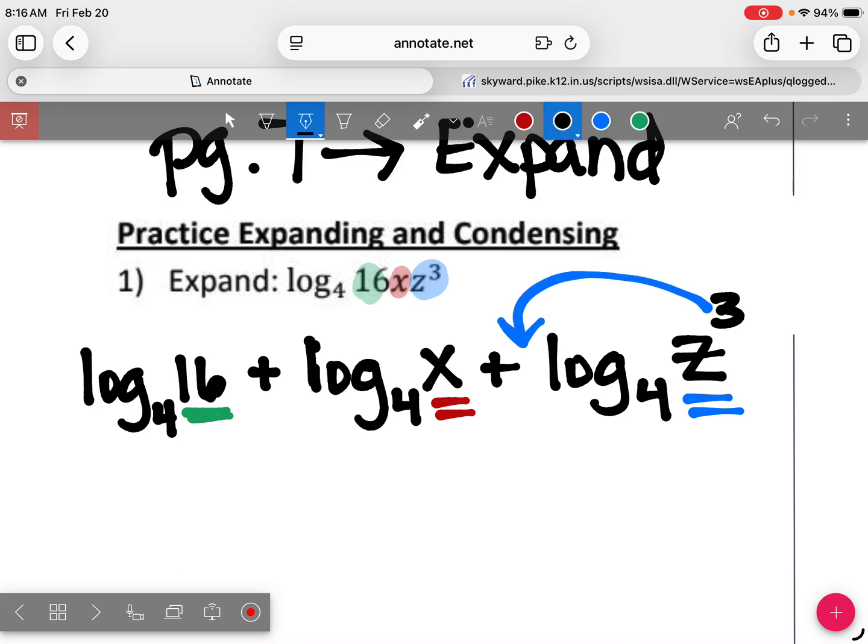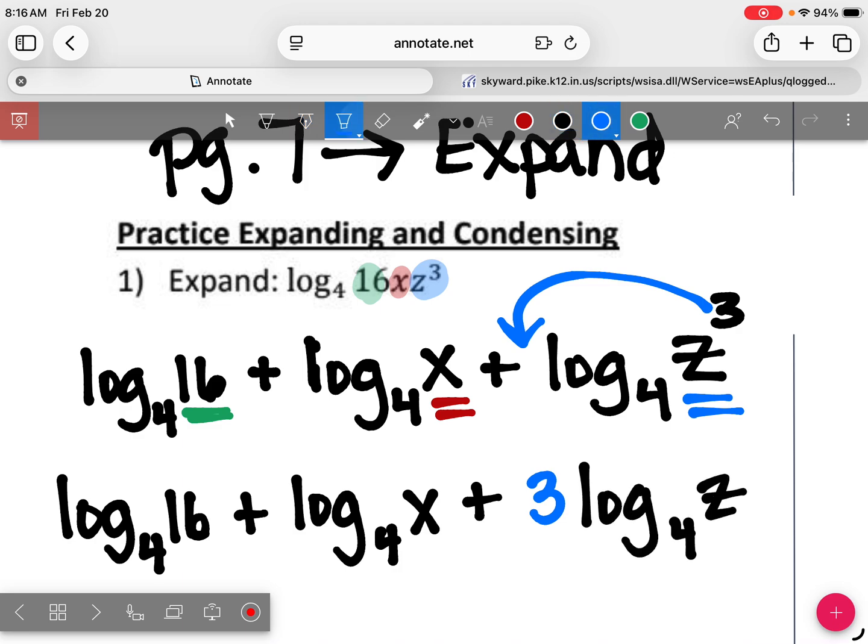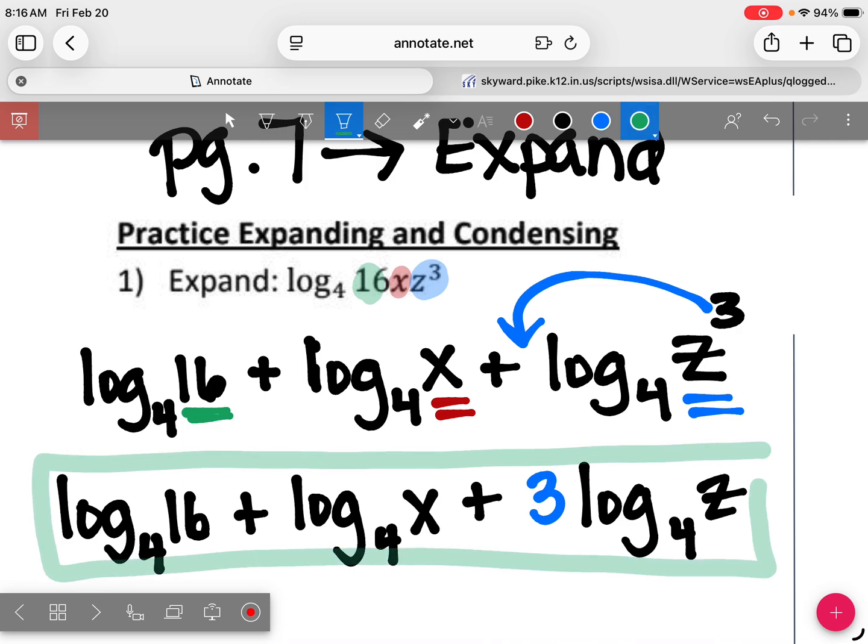So your final answer: log little bitty 4 of 16 plus log little bitty 4 of x plus 3 goes in front of that log little bitty 4 of z. And that is your final answer.